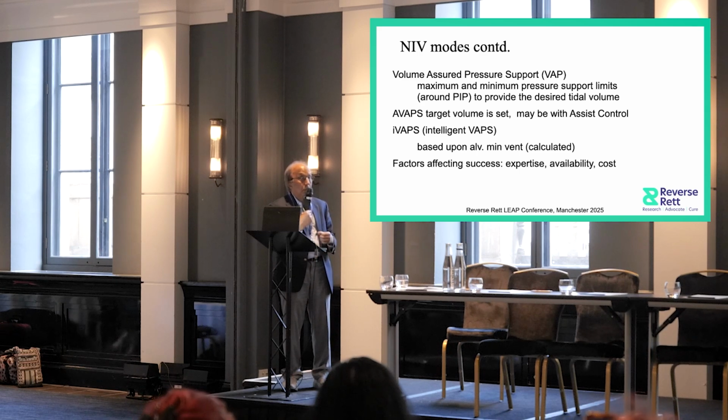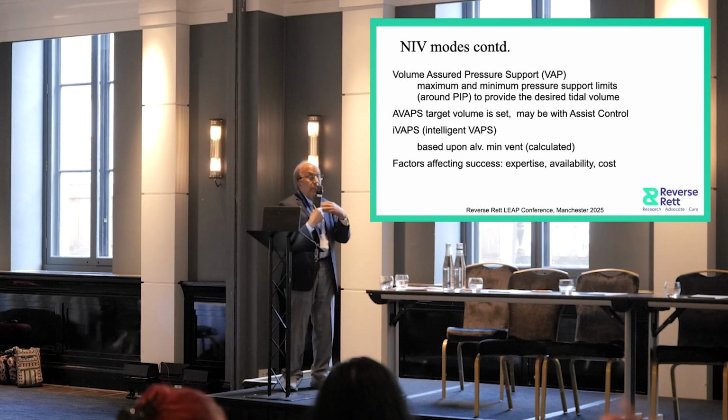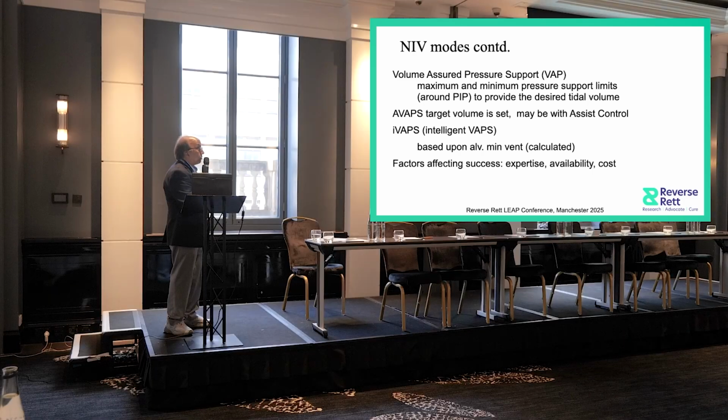I have patients who were referred to us because they were on the verge of needing a tracheostomy. What can we do? There is no choice, guys, we have to put him on tracheostomy. And no, we were able to manage them in this non-invasive AVAPS mode actually.